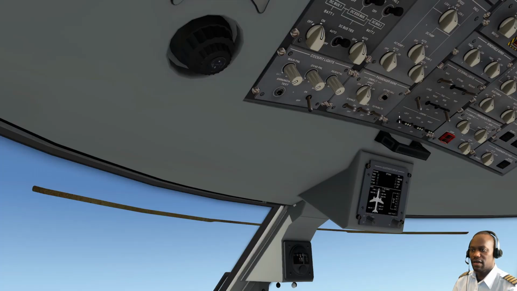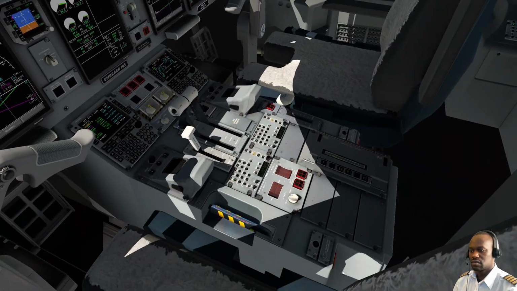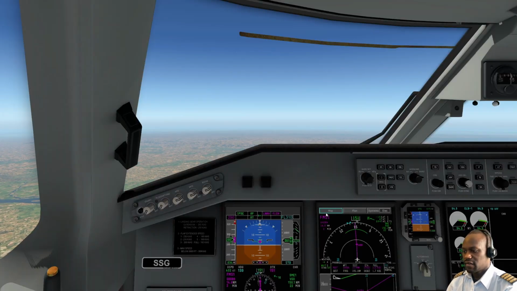After takeoff checklists. Flight level 200 climbing.